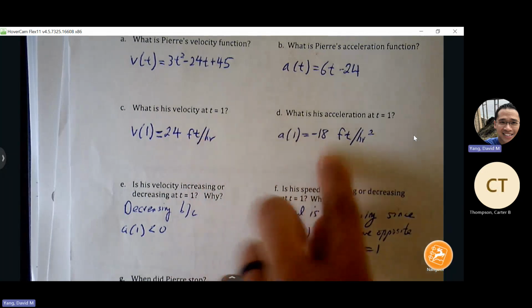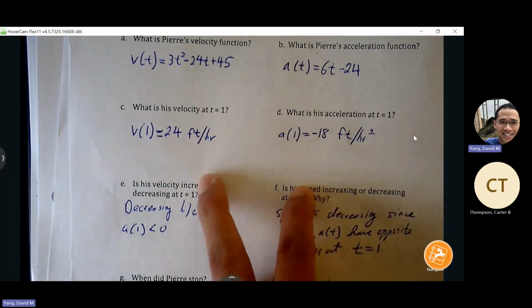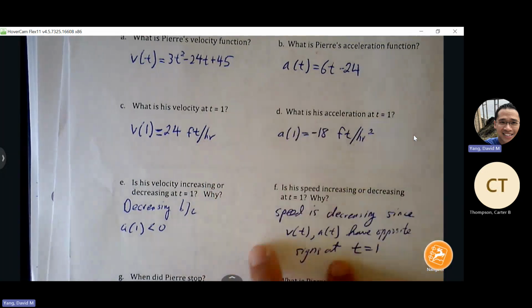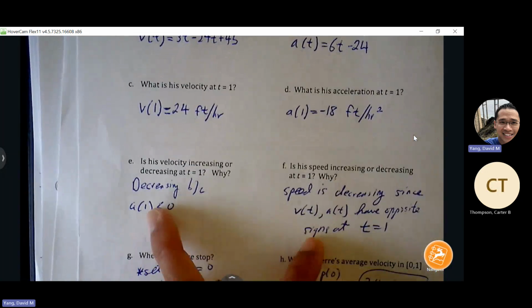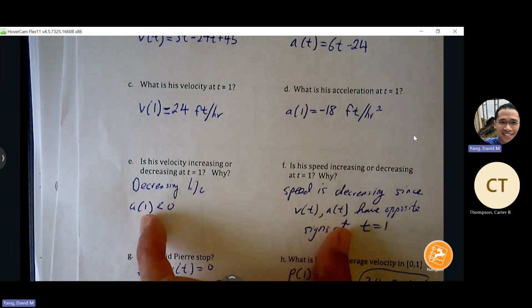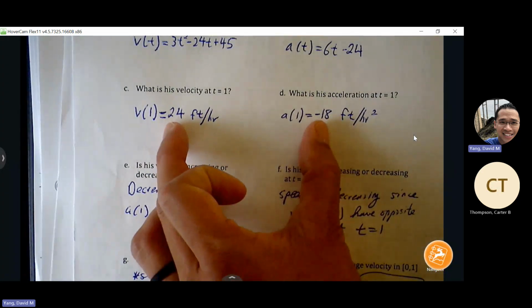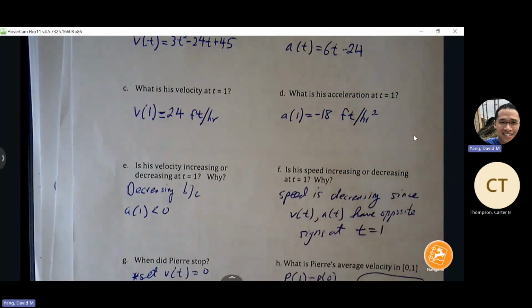But I try to take note of that and not take off as many points if I realize that you made a sign mistake and that's why you didn't make the correct justification. If you are making the correct justification based off of what you gathered, a lot of times I see that and think, okay, you understand the concept, you just have bad data, and I think I still gave you credit for that.